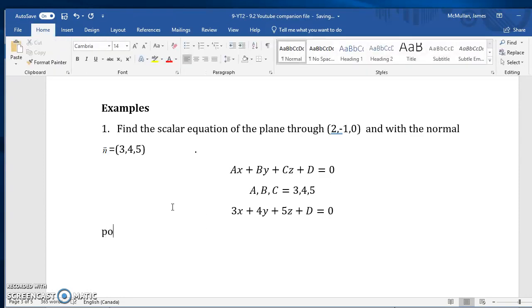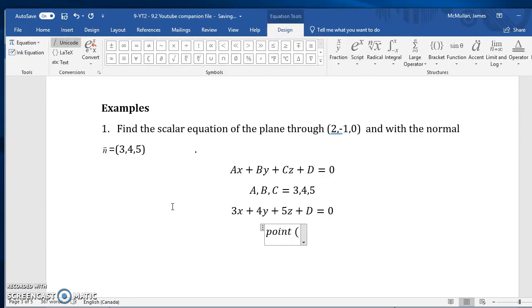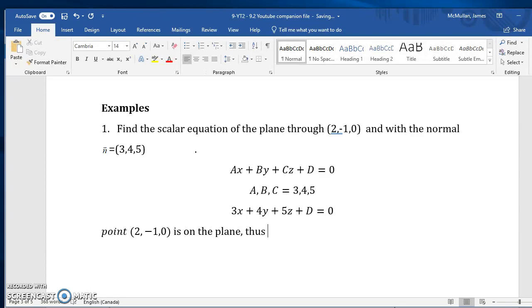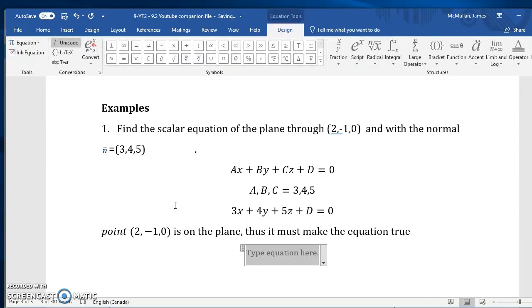We know that the point 2, minus 1, 0 is on the plane, thus it must make the equation true. So we sub it in. 3 times 2 plus 4 times negative 1 plus 5 times 0 plus d equals 0. We get 6, take away 4 plus d equals 0, and therefore d has to equal negative 2.